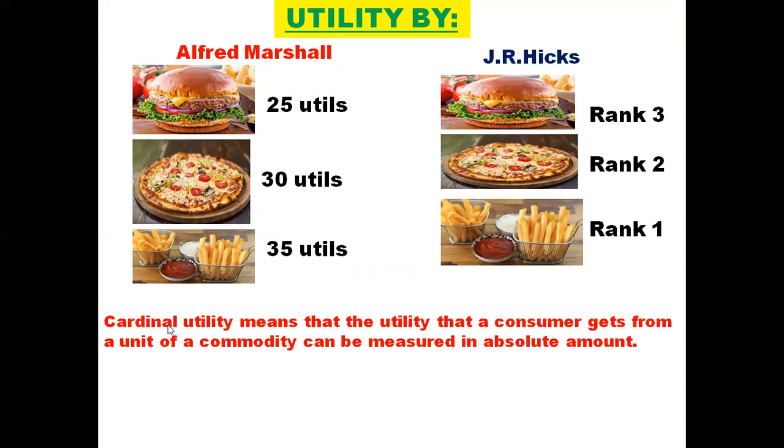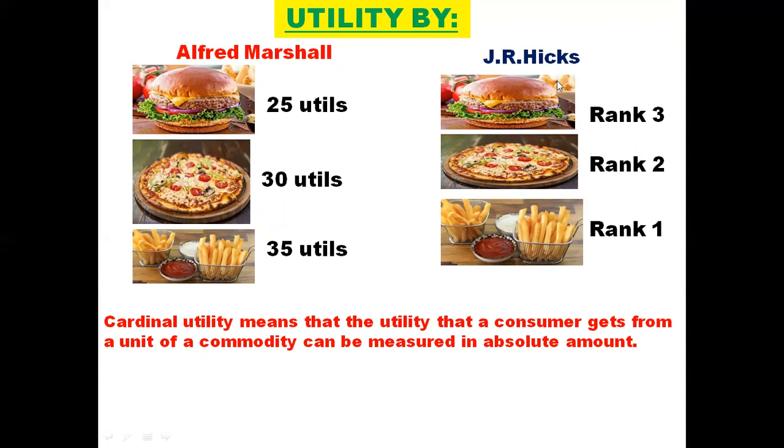So cardinal utility has been propounded by Alfred Marshall. Cardinal utility means that the utility that the consumer gets from a unit of a commodity can be measured in absolute amount.